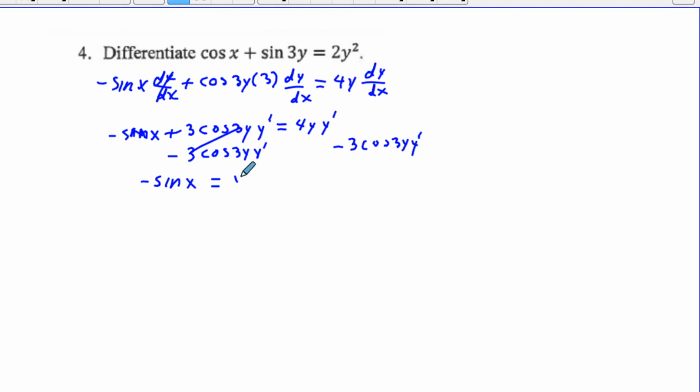So I'm going to factor out the y prime in each of these terms here. So we have y prime times 4y minus 3 cosine 3y.